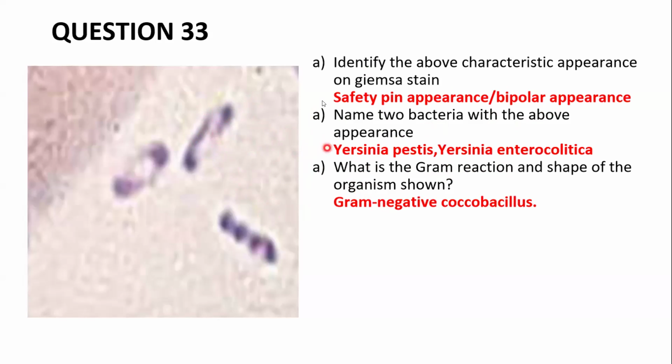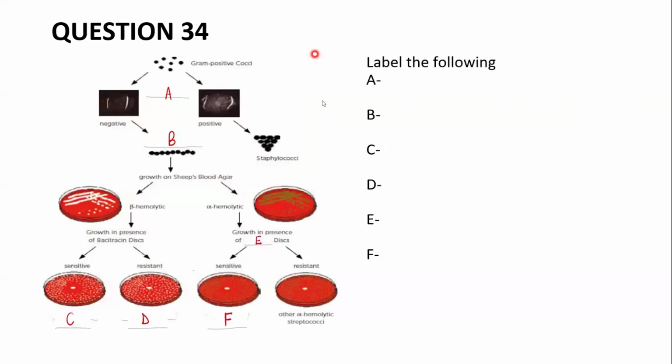Okay. Now this is another important slide. Here, this is directly from your notes. This forms the basis of classification of Staphylococcus and Streptococcus. But now here we're talking about the Streptococcus species. Now we start with gram-positive cocci. It can either be staph or strep. Then what test is this that you do so that it's positive in staph but negative in strep?